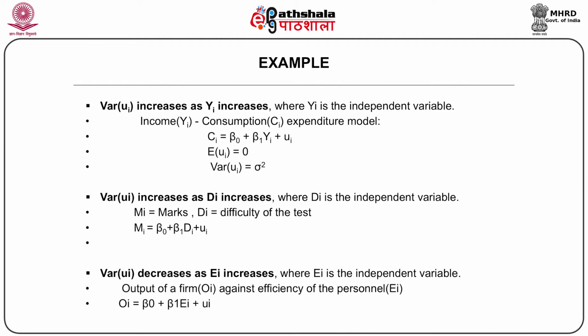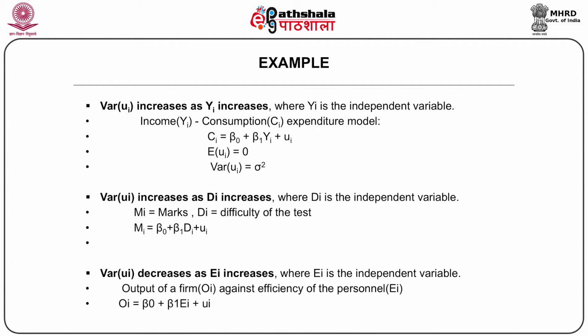Then in this regression model, the variances of the error term UI increase as DI increases. Lastly, the variance of the error term UI decreases in certain cases, which is also evidence of heteroscedasticity.